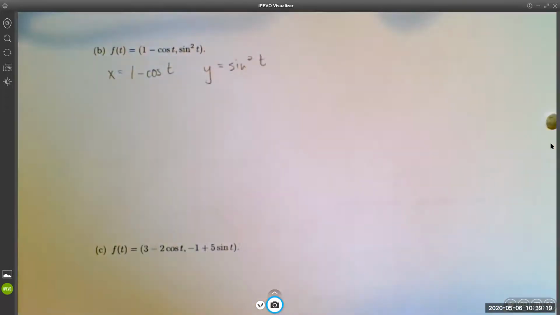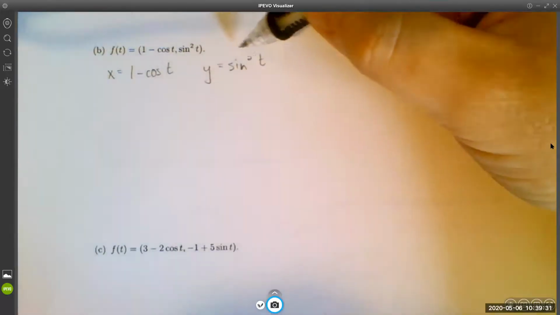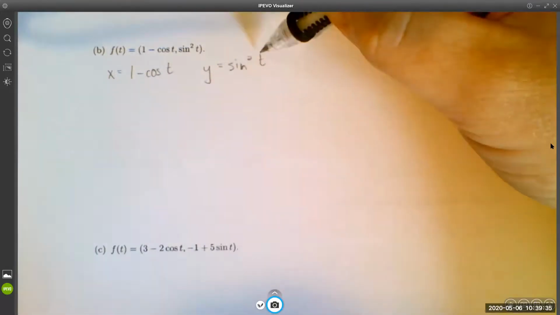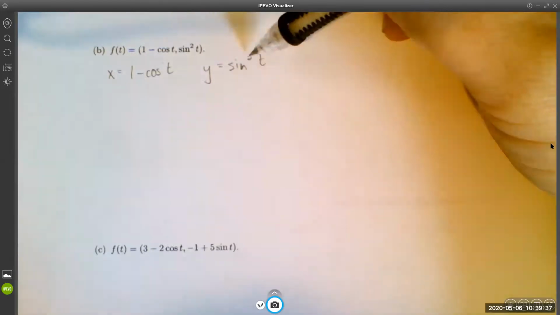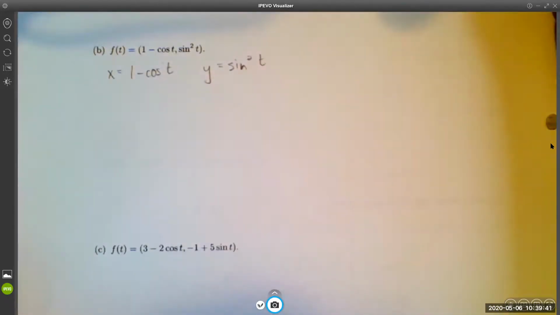We need to figure out how to eliminate the parameter here. I know that I can think of sine squared t as 1 minus cosine squared t. That might be useful. I'm not sure. Oh yeah, that'll be useful.